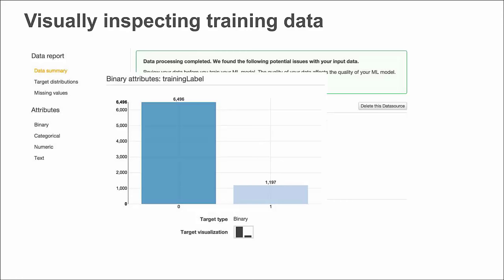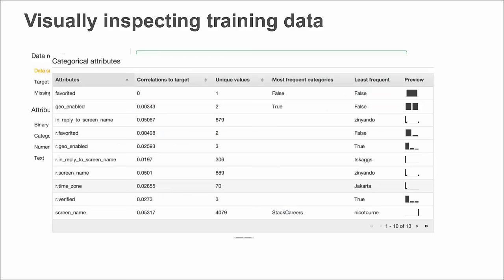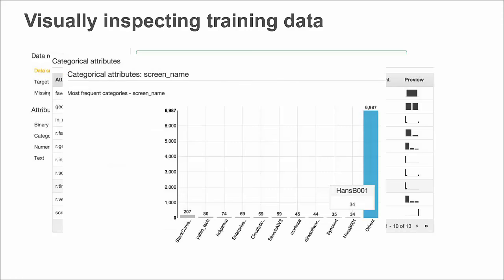But we don't have to look at just the target. We can, of course, look at the distribution of any variable in our input data set. We can zoom in and take a look at distributions. So what I'm looking at here are the screen names of users who left tweets in our training data set. And just as I expected, it's a very long tail distribution.